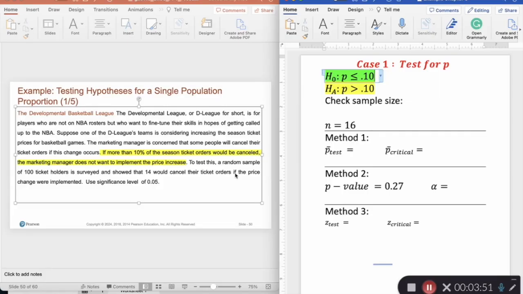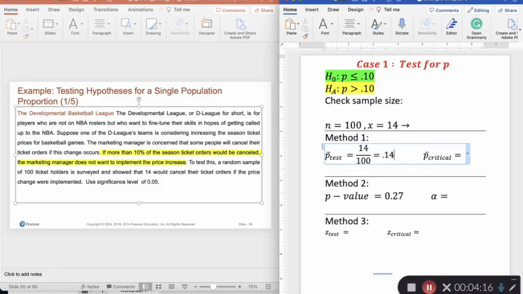To test this, a random sample of 100 ticket holders is surveyed. This is n, it's 100. And it shows that x equals 14, the ones who have canceled. So the p bar test is x over n, which is 14%. So the sample proportion is 14%.